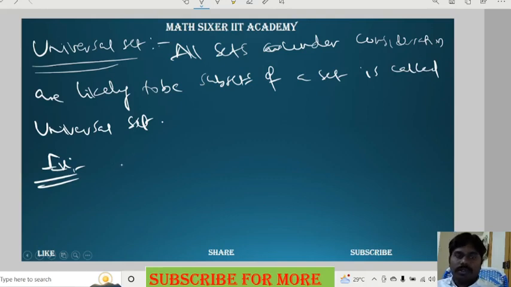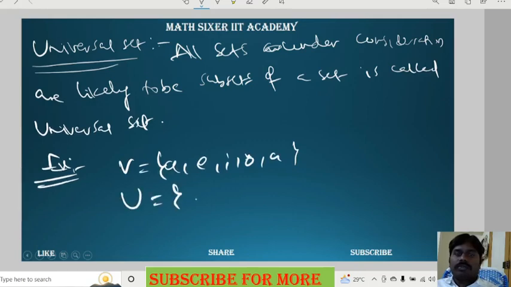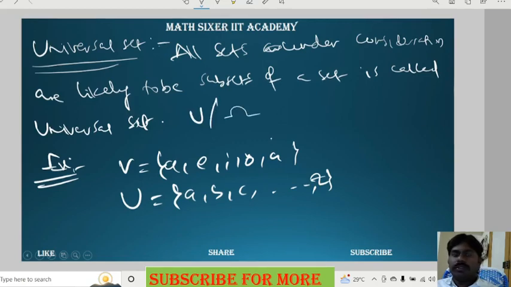Suppose when you are taking only the set V which contains A, E, I, O, U, now the universal set becomes the set of all English alphabets. The universal set is denoted by U or mu, in these symbols.